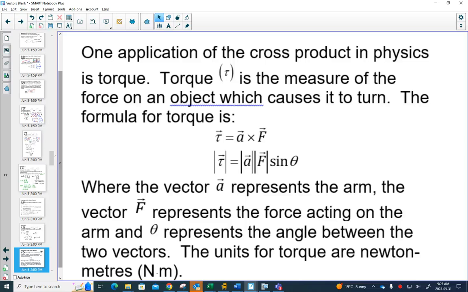Usually, if you're smart, when you're applying torque, you push at a 90-degree angle to what you're trying to get to turn. I don't think I've ever seen this, but if someone tried to push directly onto the nut with the wrench, nothing would happen. They push really hard, it's not going to turn, right?